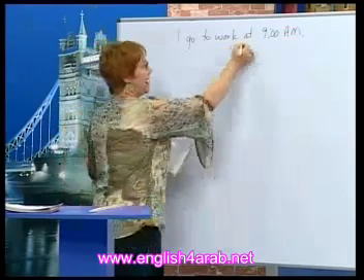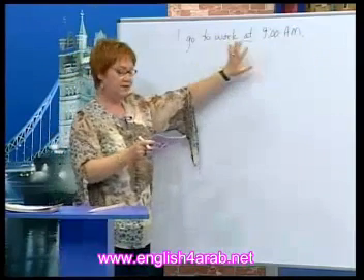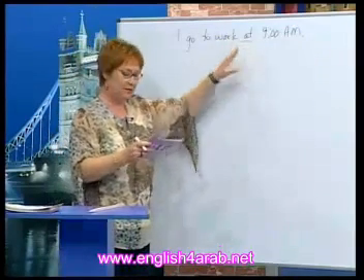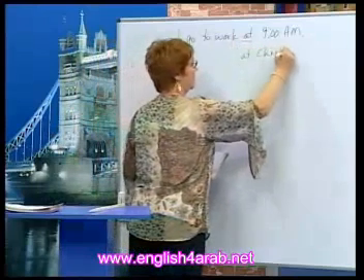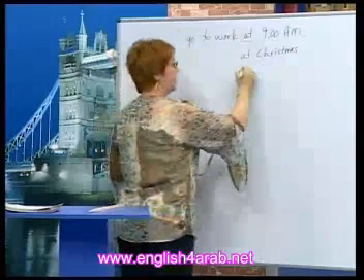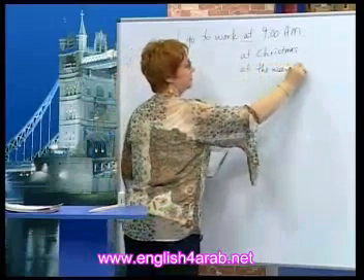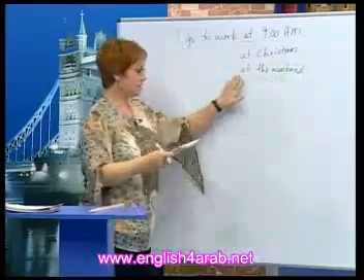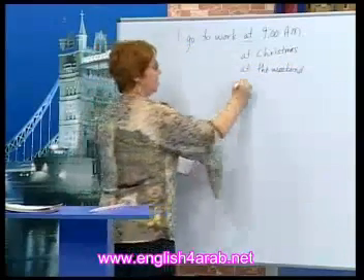We use at for times, groups of special days, like at Christmas. In British English, they say at the weekend. But remember, in American English, it's on the weekend. And we can say at night.